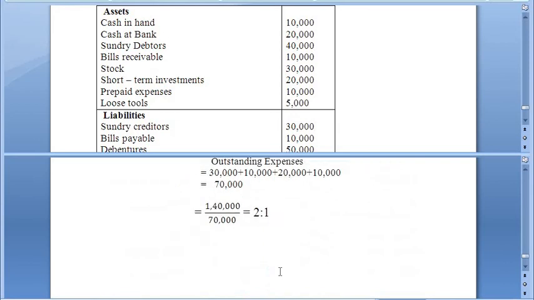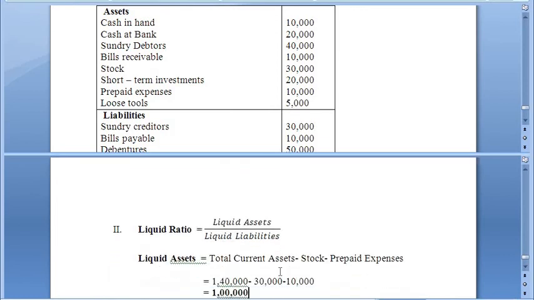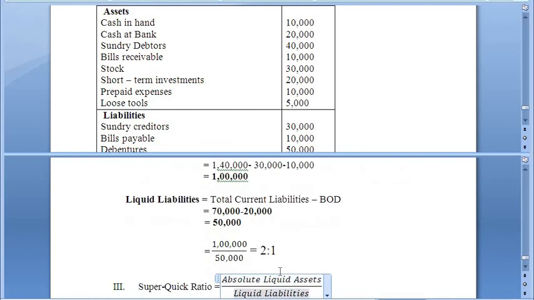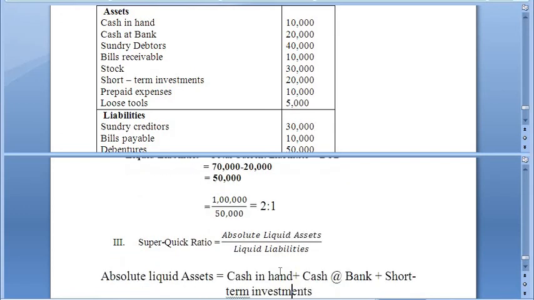The second one is liquid ratio. The formula of liquid ratio is liquid assets divided by liquid liabilities. And the third one is super quick ratio. The formula of super quick ratio is absolute liquid assets divided by liquid liabilities. Absolute liquid assets are those assets which can be converted into cash within a short period of time, or easily, or which will always be in cash form.